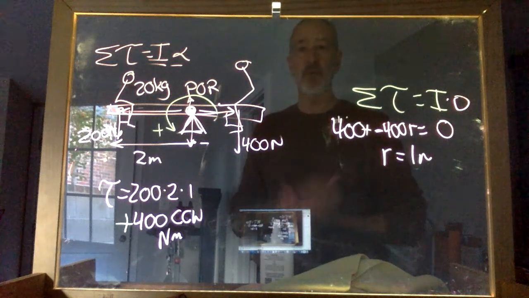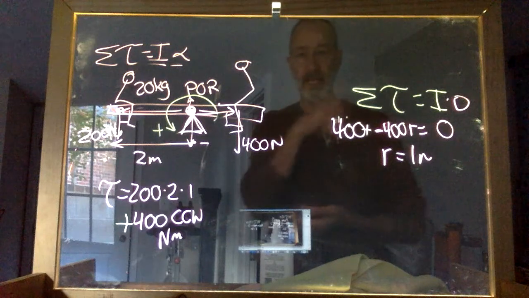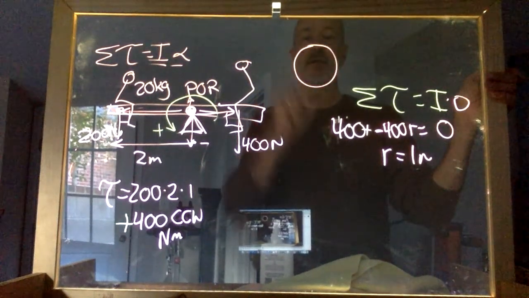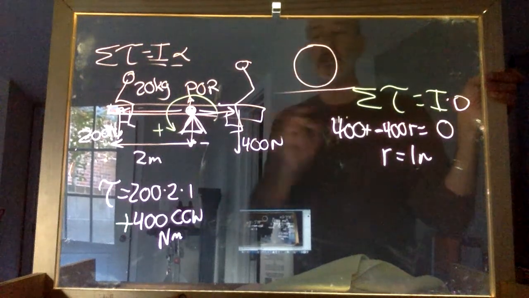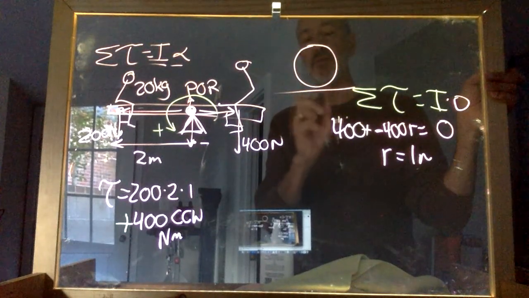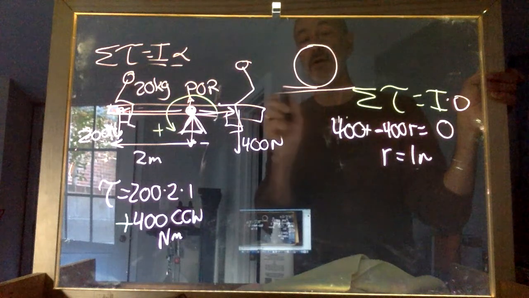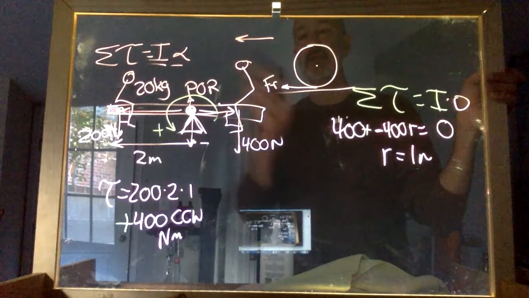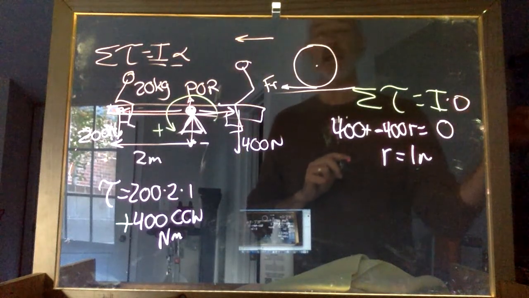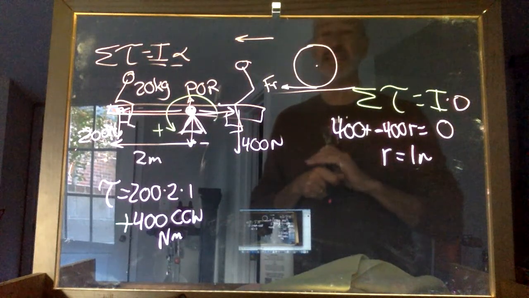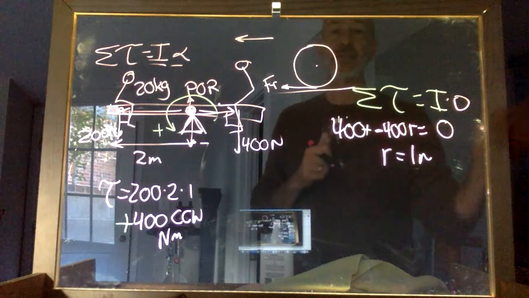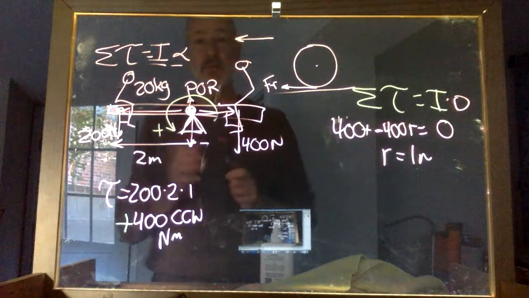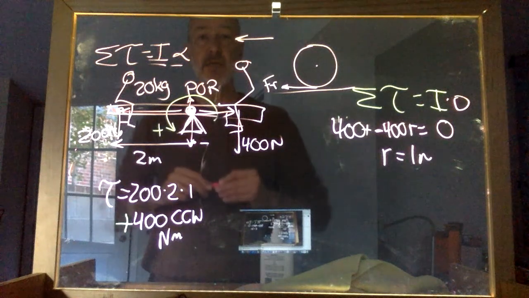So for example, a car driving at 30 miles an hour, you've got a tire, and the tire is pushing back on the road, and the road is pushing forward, force of friction on the tire as the car is moving in this direction, and there's other friction and air resistance slowing it down, applying torque in another direction. It's a little more complex, but it ends up being in equilibrium if they're driving at a constant velocity.